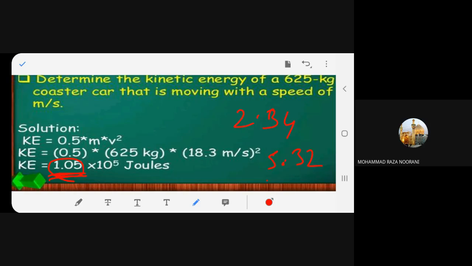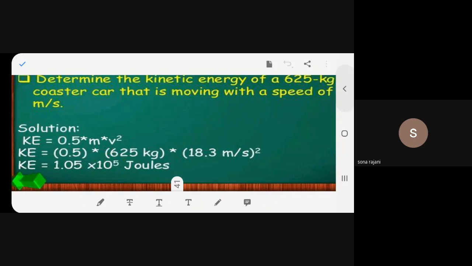This is how you have to present the answer. You cannot write it like 1.050000. We have condensed the zeros and made it exponential form, raised to 5. You understand? This is how you have to present the answer.